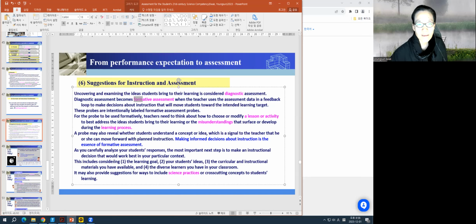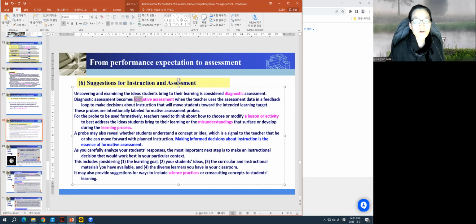Based on your assessment of student competency, you need to carefully analyze your students' responses, which is the most important next step to make an instructional decision that would work best in your particular context.